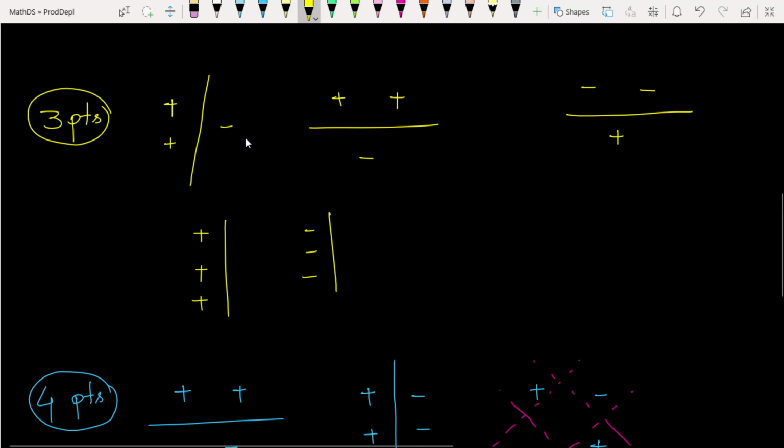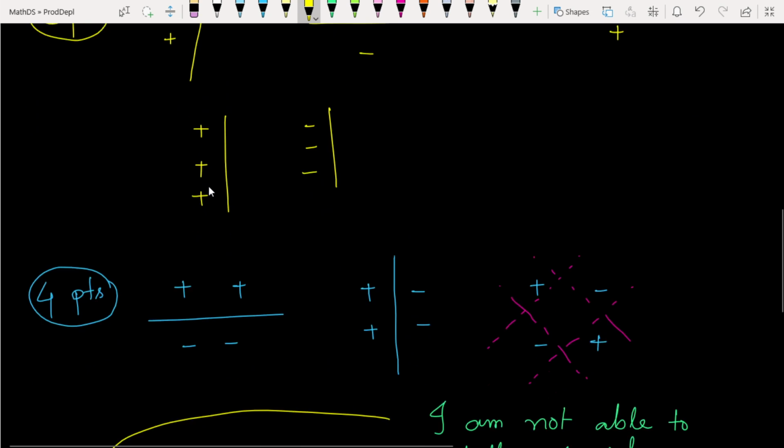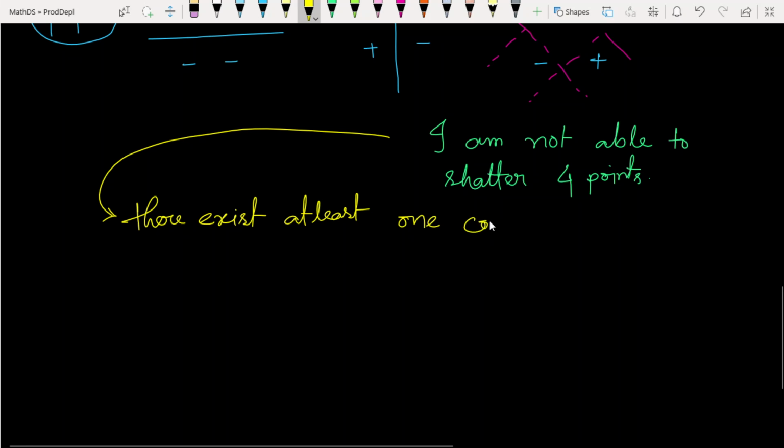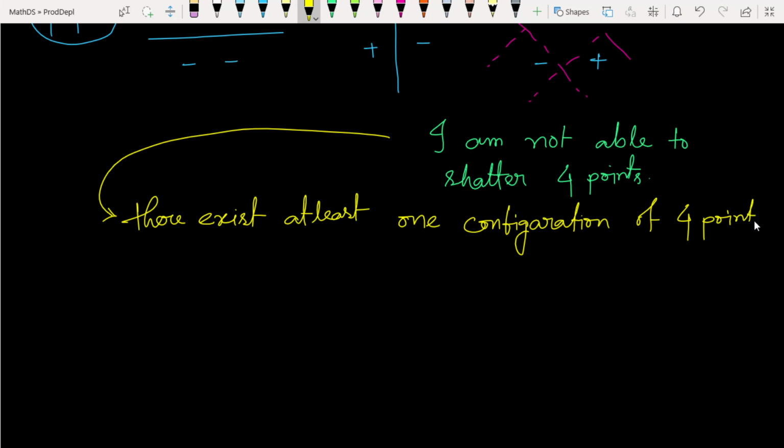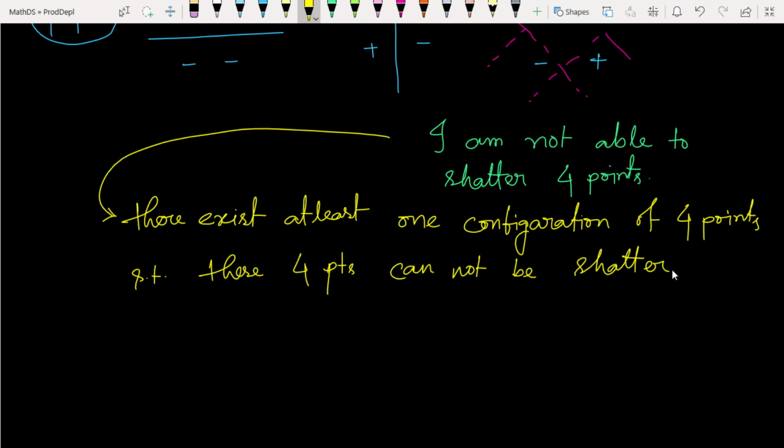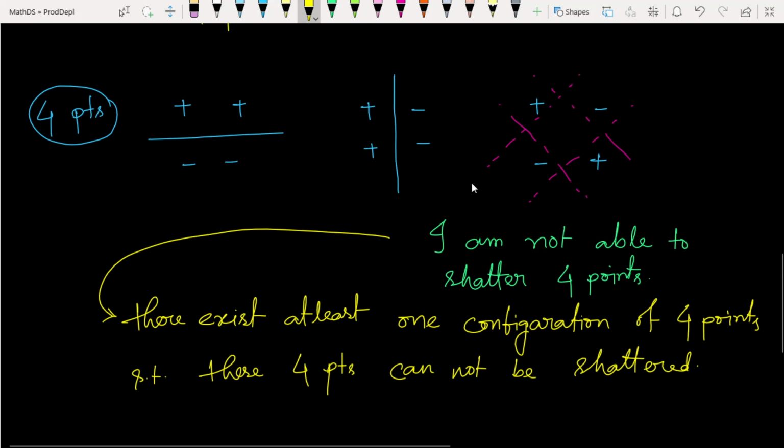So there exists at least one configuration of four points such that these four points cannot be shattered. This is the main problem.